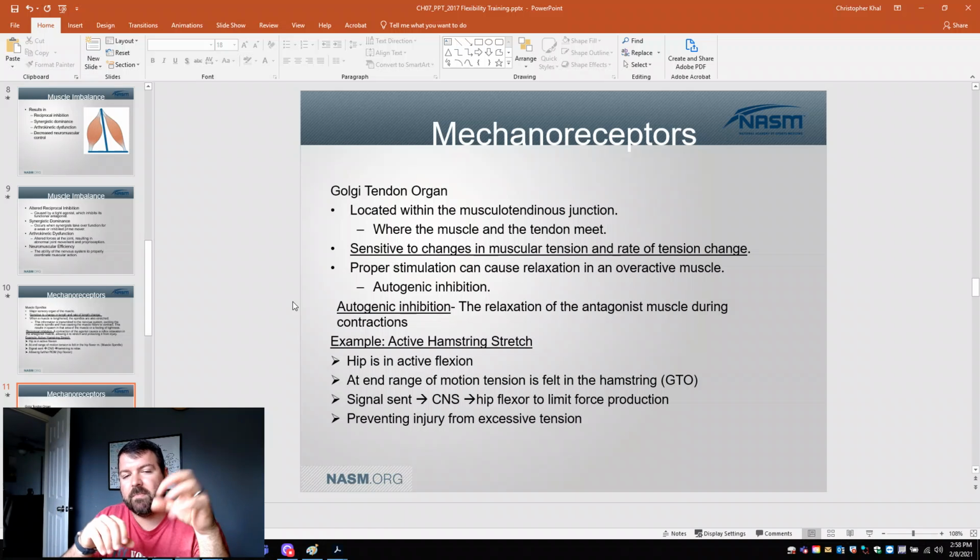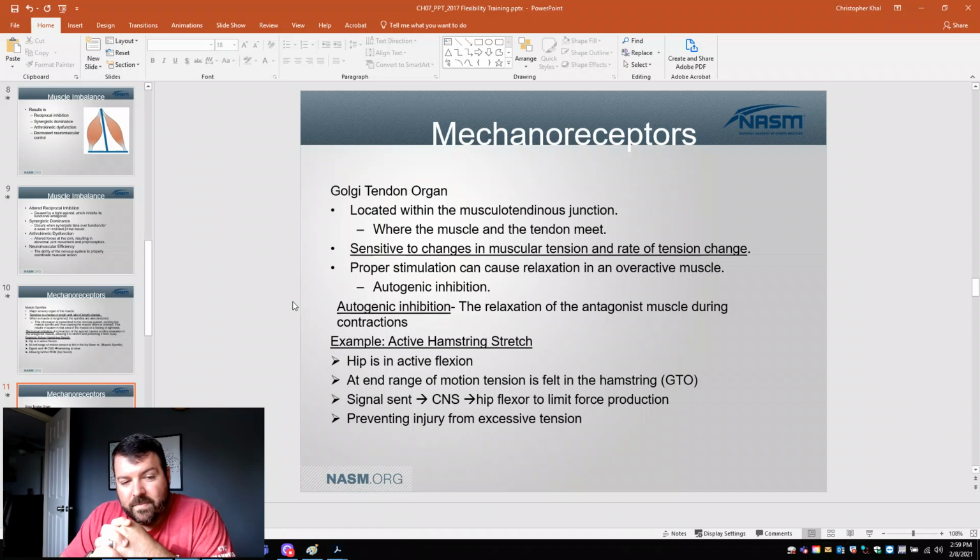The areas where the muscle and tendons interact with one another is where these Golgi tendon organs originate. They respond to changes in muscular tension and rate of tension change. Proper stimulation can cause relaxation of an overactive muscle, usually autogenic inhibition, which is the relaxation of the muscle during contractions.